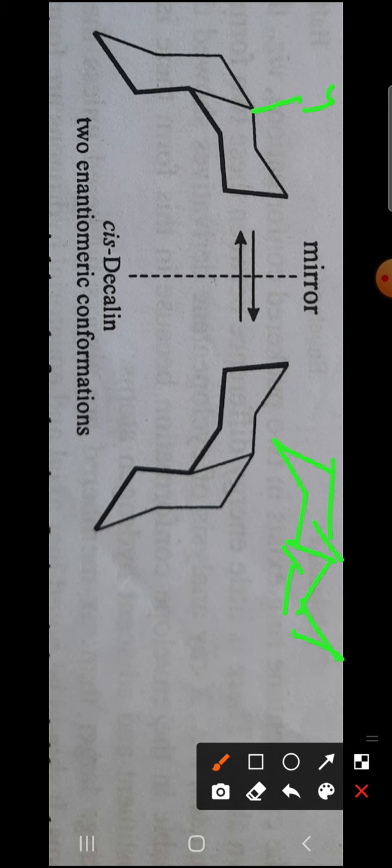They are interconverting easily, but in case of trans decalin they are not, because trans decalin is quite stable and rigid. That's why if I put a substituent here, that substituent will also be rigid at the axial position only.